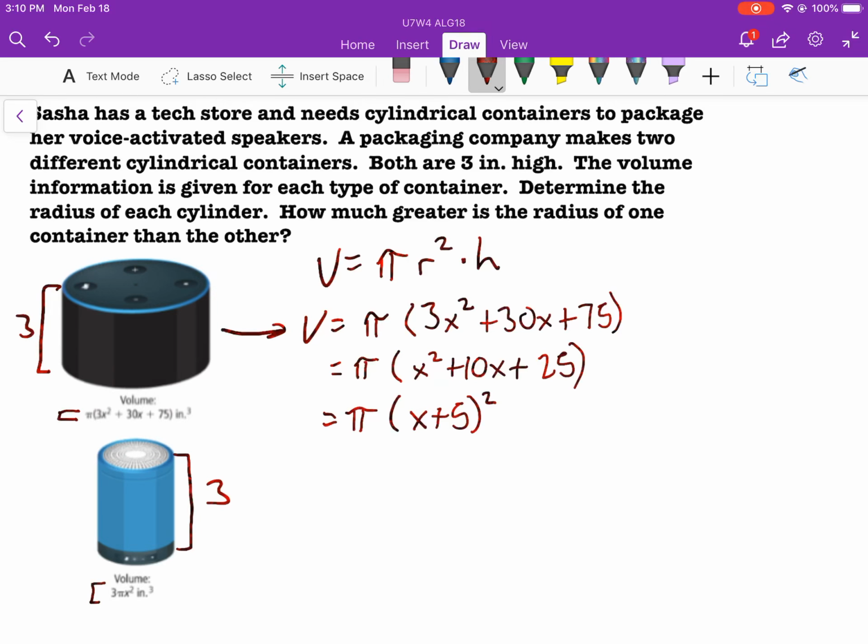So then the radius, oh, we did factor out a 3. So the radius is equal to x plus 5. So radius r is equal to x plus 5.